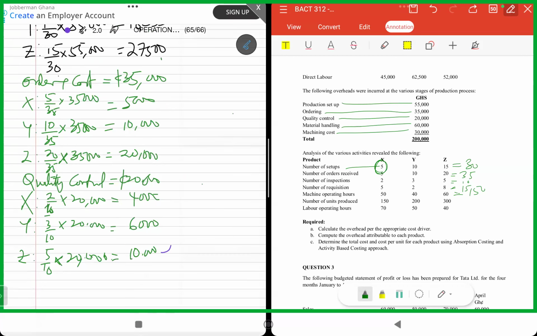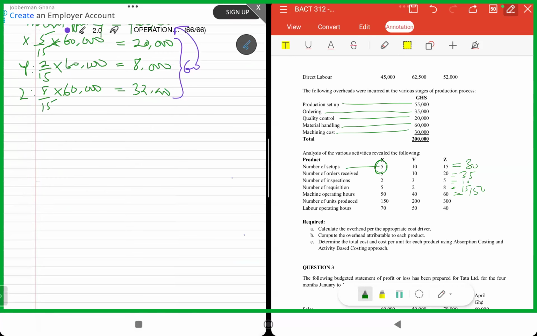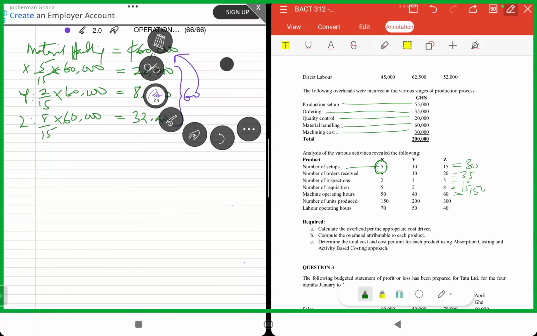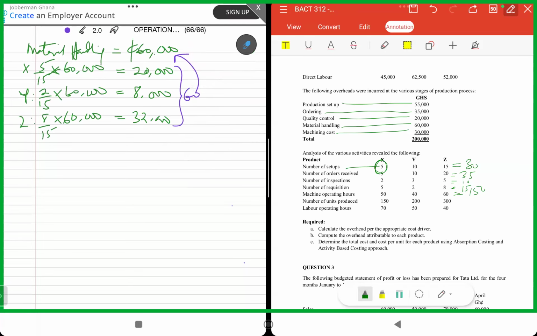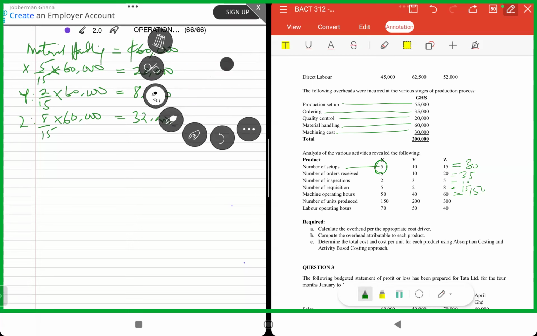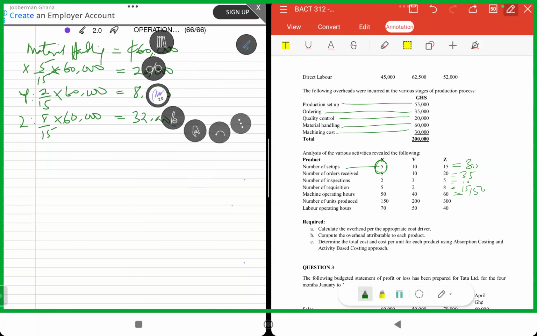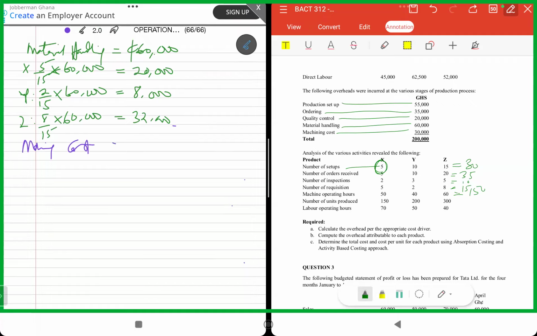Let's move on. Now we are done with the A. Let's go to the B. Don't you do the machining costing? The last one is 50 over 150 times 30,000.